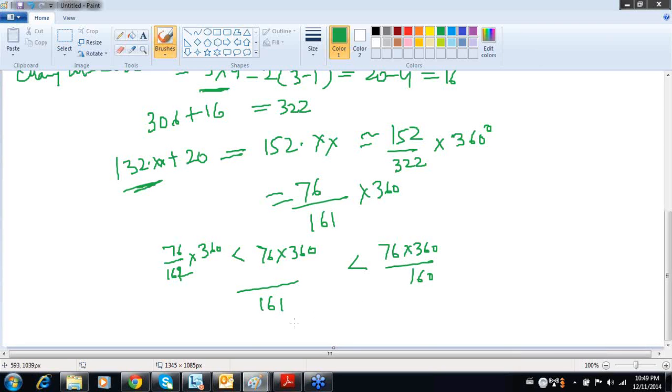Now simplify this. If you simplify this, the only answer that will satisfy is 170 degree. Why? Just simplify this now.